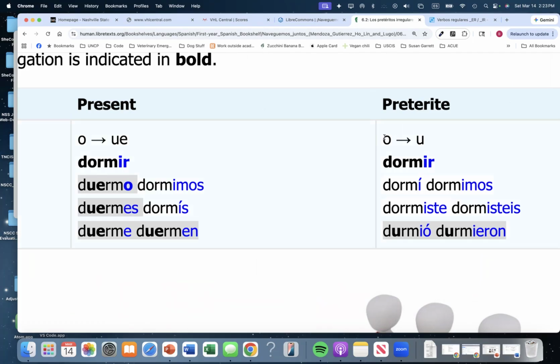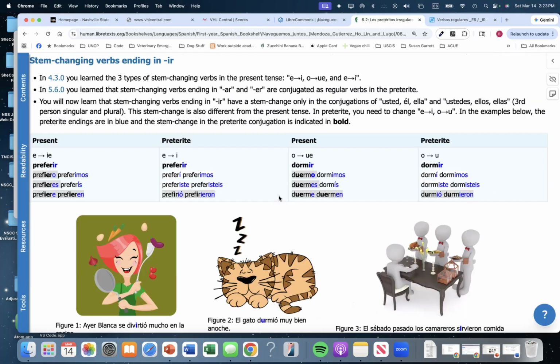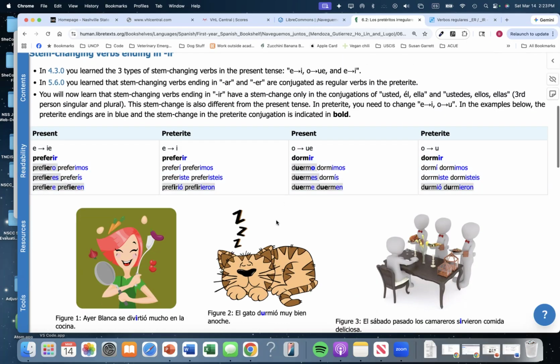The change is from O to U this time for the preterite, and it only happens again in the él, ella, usted, ellos, ellas, ustedes form. So we say durmió and durmieron. All right. So let's take a look at some examples.